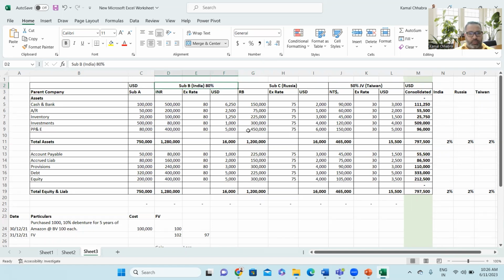This is the parent company, and this is their financial.